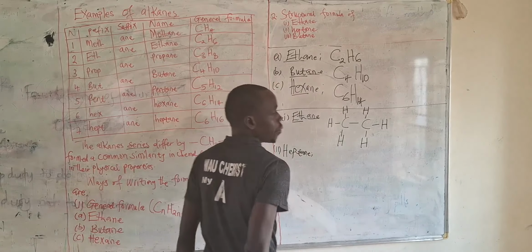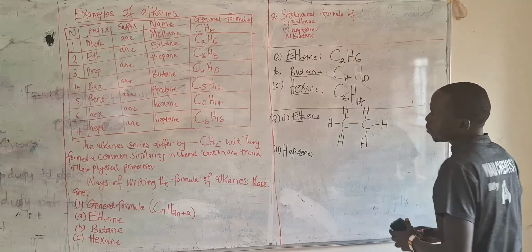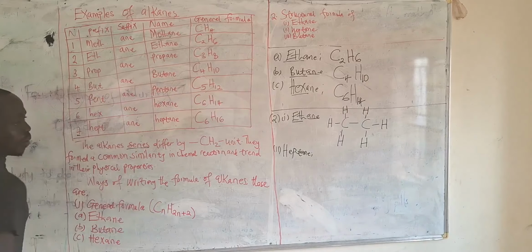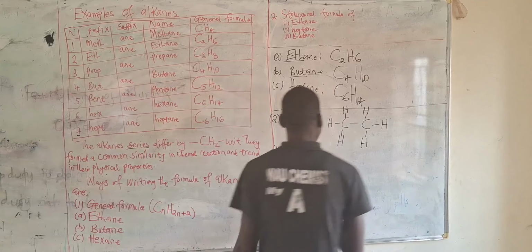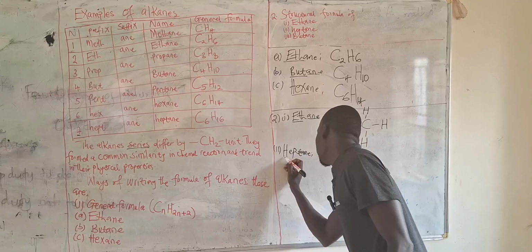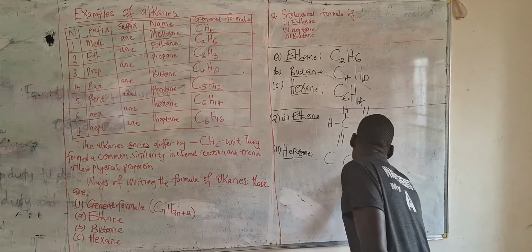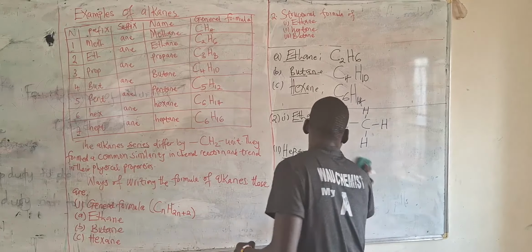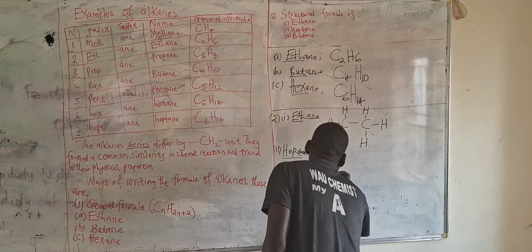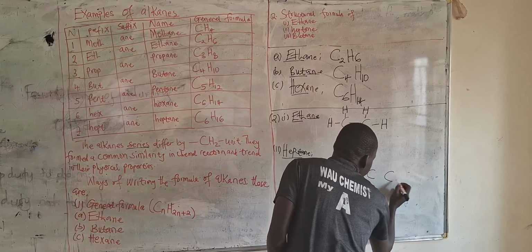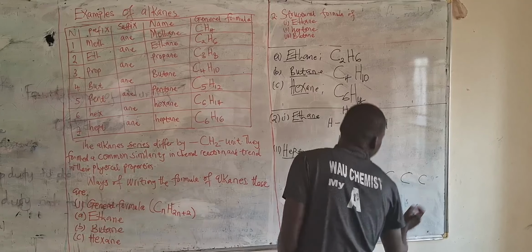heptane. So the moment I see hept, what comes to my mind is telling me that there are how many carbon atoms? There are 7 carbon atoms. From this knowledge alone, I can say I have 1, 2, 3, 4, 5, 6, 7.